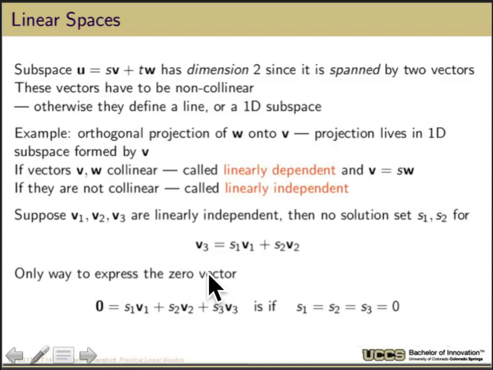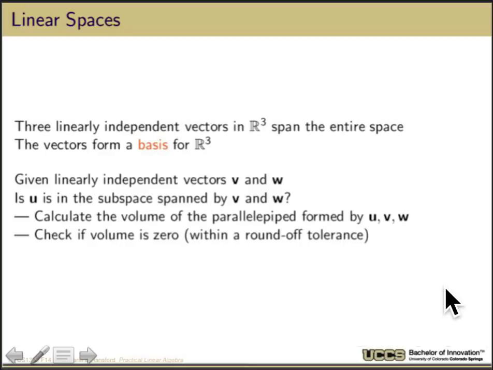So the only way to express the zero vector as a linear combination of the three of them is if s1, s2, and s3 are all equal to 0. Because they're linearly independent, you can't combine them to get back to 0. So 3 linearly independent vectors span the entire space, and they form a basis for R3. Just like 2D, we just added a third vector to make that happen.